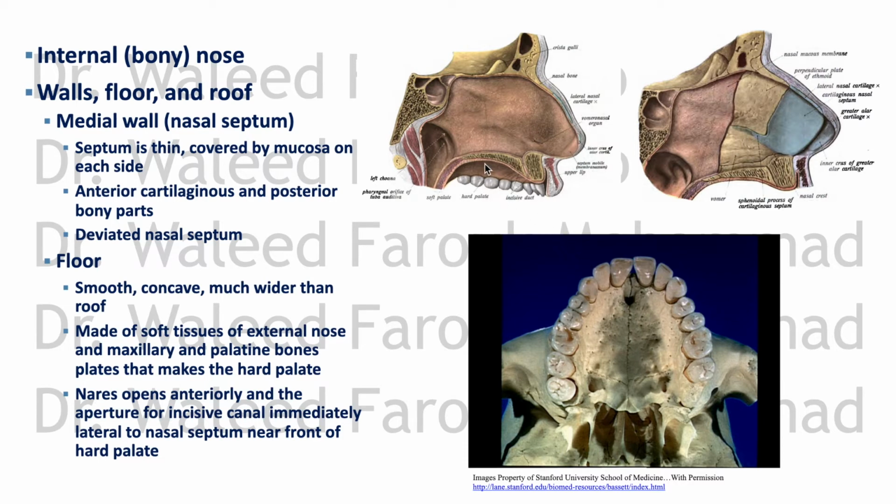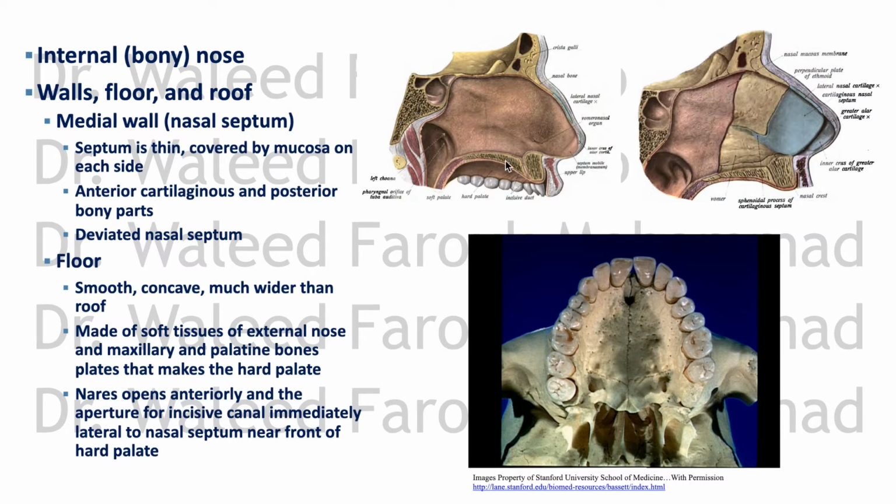What will you expect to find in the floor of the nose? You will find the openings of the incisive canals that lead to the incisive foramen at the front of the hard palate. Remember this: the floor of the nose is the roof of the oral cavity.